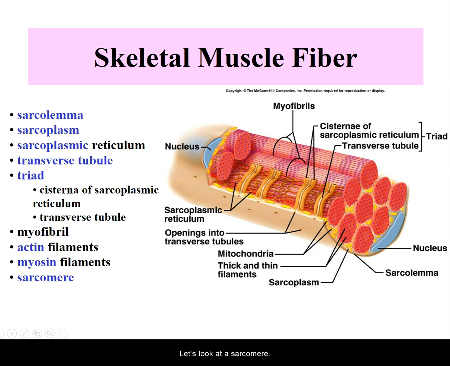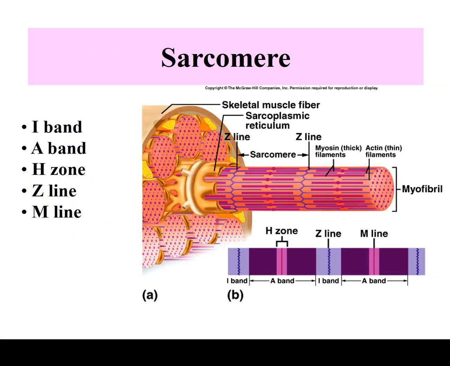Okay, let's look at a sarcomere. When we were looking at tissues, we looked at skeletal muscle tissues, also cardiac muscle tissue, and we saw striations. Striations are like the stripes of different colors on our slide.